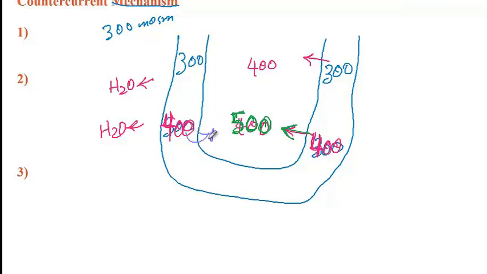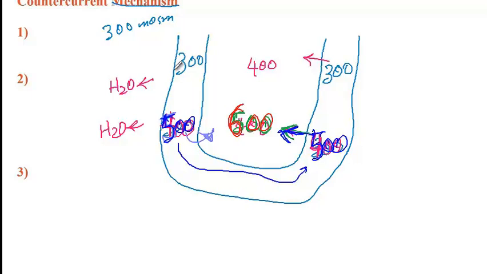So now more water gets reabsorbed and this one changes to 500 milliosmolar. So now the next fluid that enters here is 500 milliosmolar, saltier. So now more salt can again get reabsorbed. So the next value would be 600 and so on.